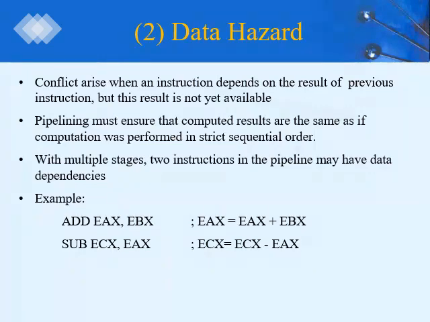So two different instructions are trying to access the same register operand or the same particular memory. If the two instructions are executed in strict sequence, meaning you finish instruction 1 first, then only you go to the second instruction, no problem occurs.